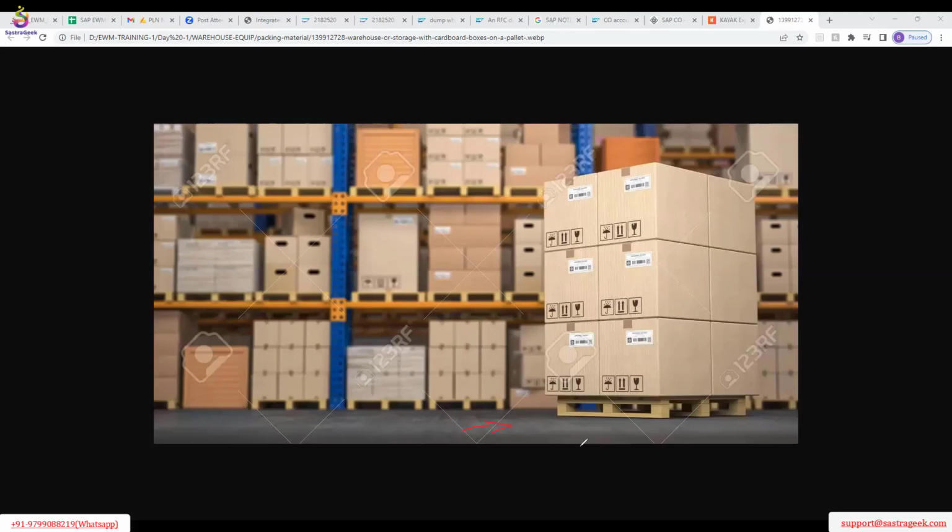Similarly for plastic pallets, the sizes will change, and the kind of packaging material they define will also vary. US pallets, and CHEP pallets are also there.